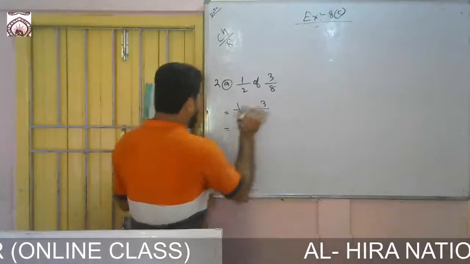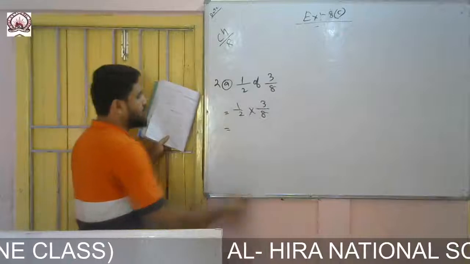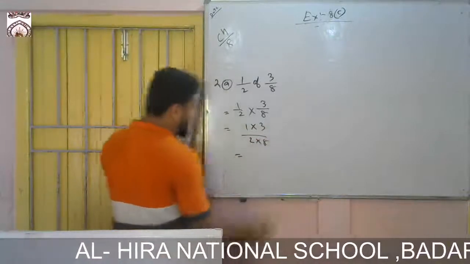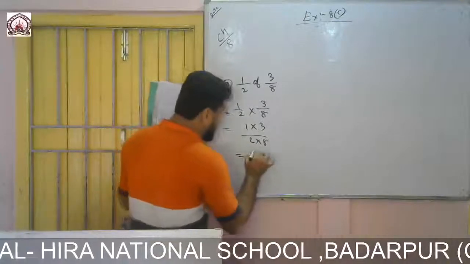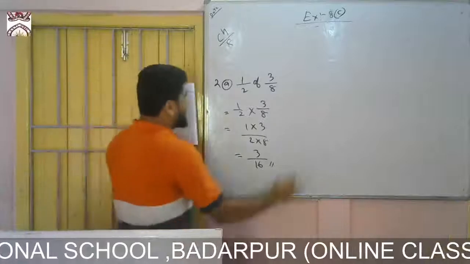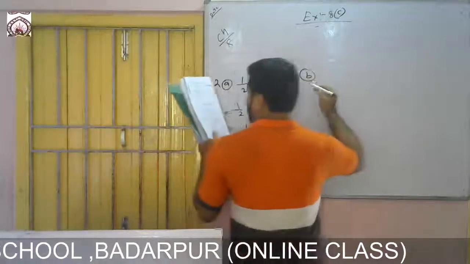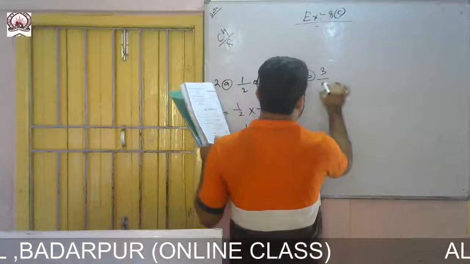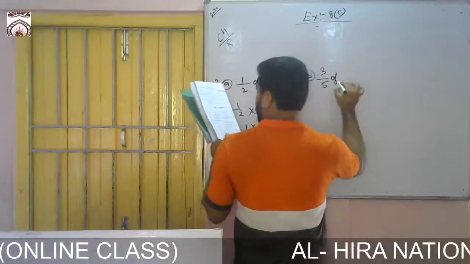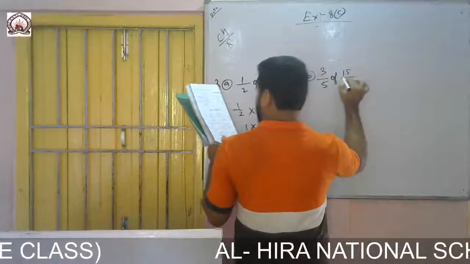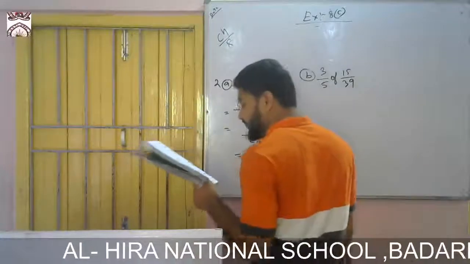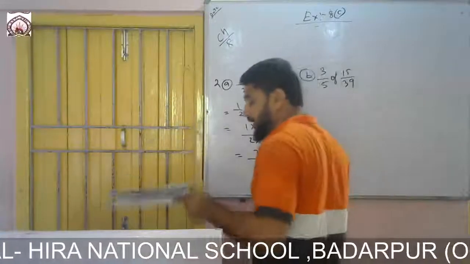Now check whether they get cancelled or not. No. Then 1 into 3, then 2 into 8. If that doesn't get cancelled, then numerator multiply and denominator multiply. 3 by 16. Now come to B. In B, 3 by 5 of 15 by 39.